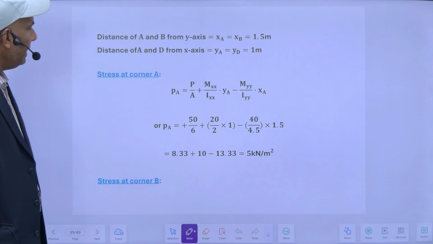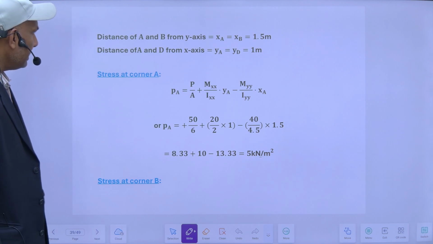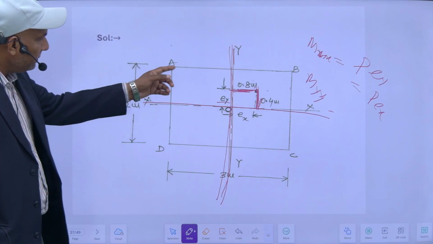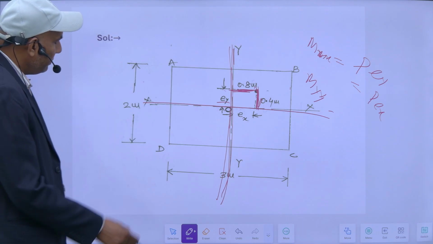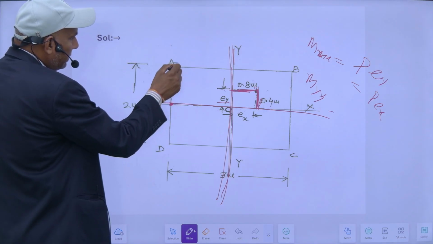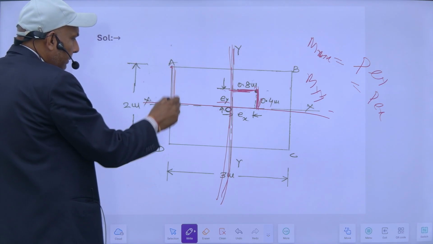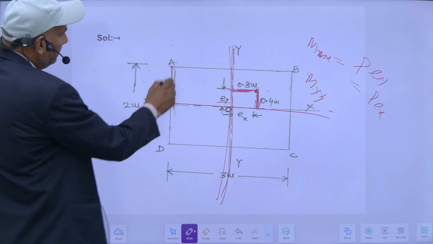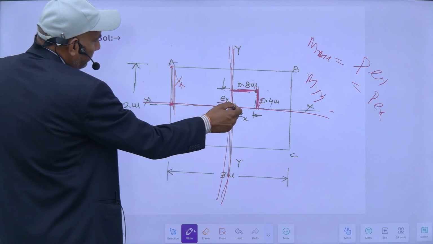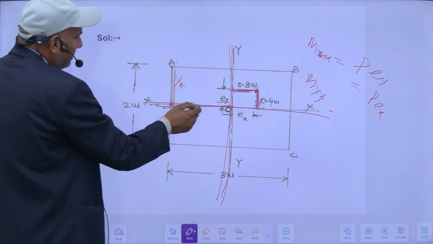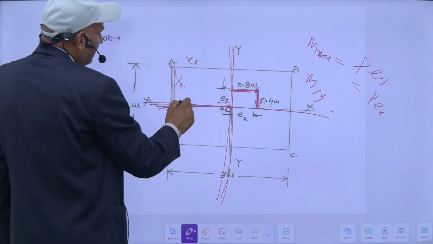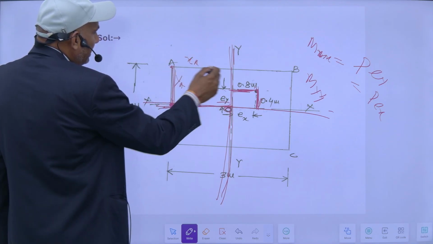Now the distance of A and B from the axes. Suppose this is my A point. Its distance from this axis is YA, and its distance along the other axis is XA. This is the origin, this is YA, this is XA.